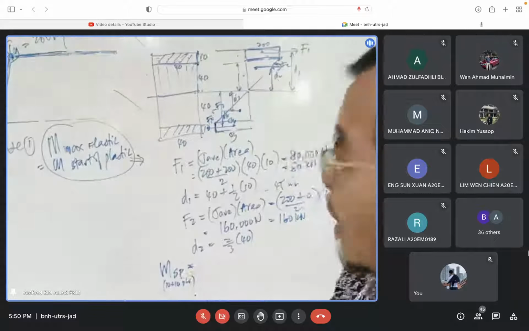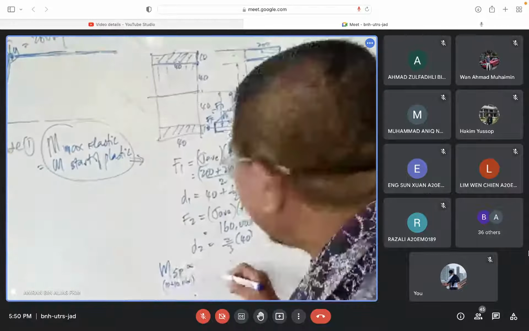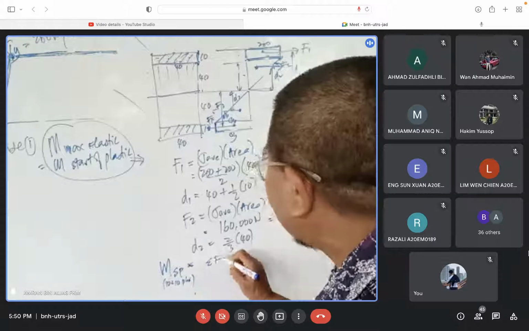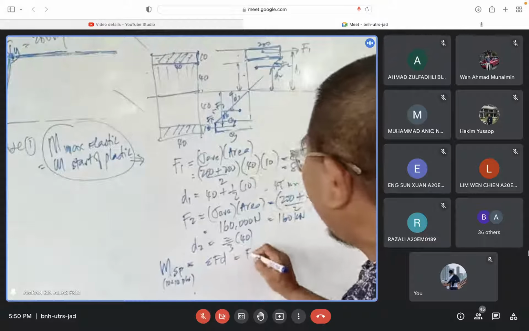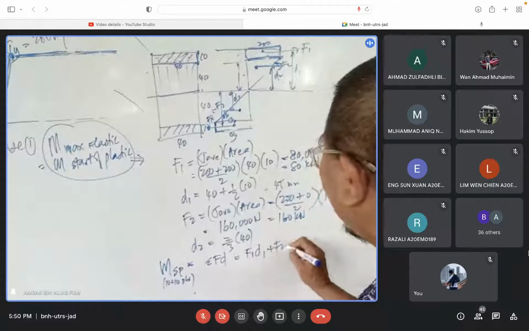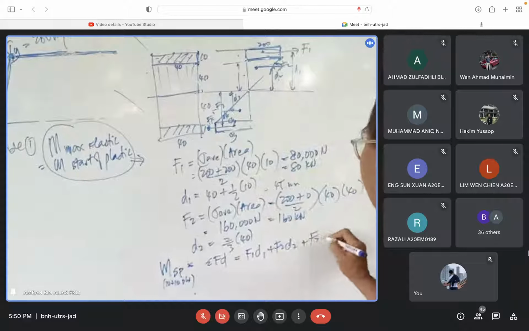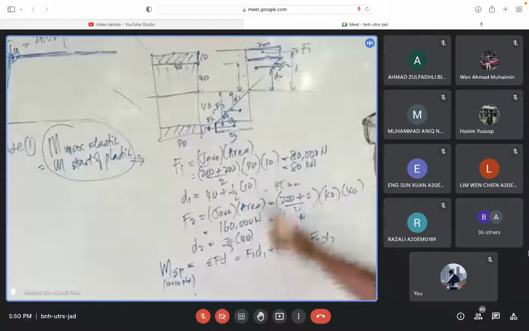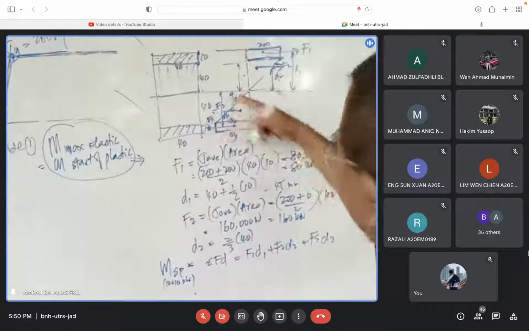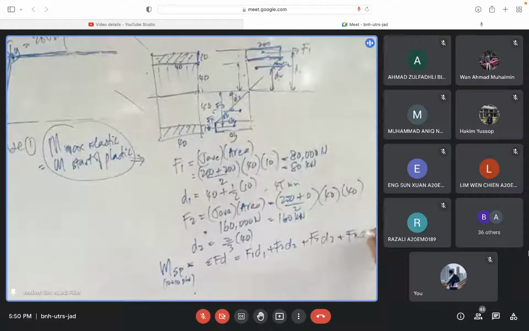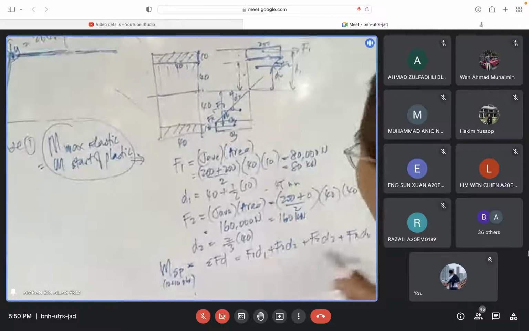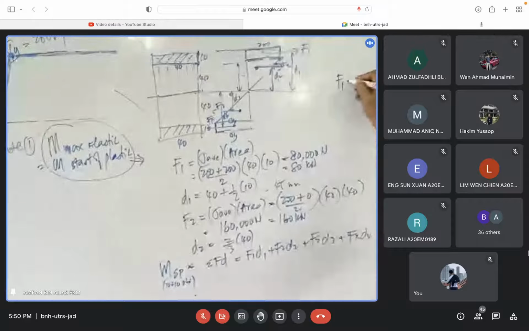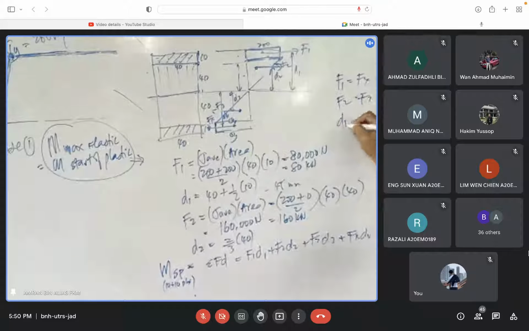SP is what? Separa plastic. What is the moment there? It must be the summation of force times distance. It's equal to F1 times D1 plus F2 times D2 plus F3 times D3, plus F4 times D4. You must show where F3 and D3 are. And then you must write down F1 equals F4, F2 equals F3, D1 equals D4, D2 equals D3.